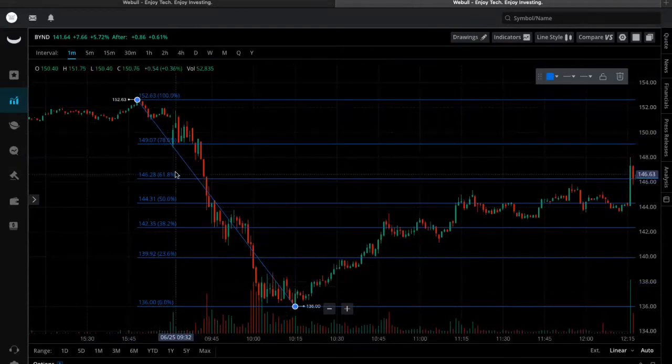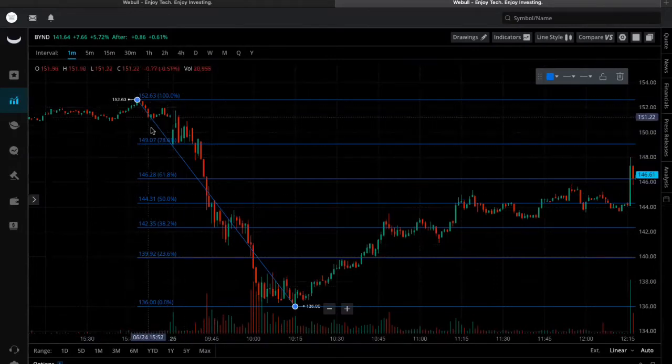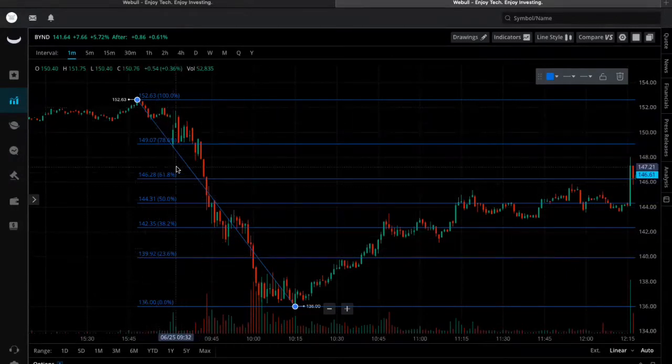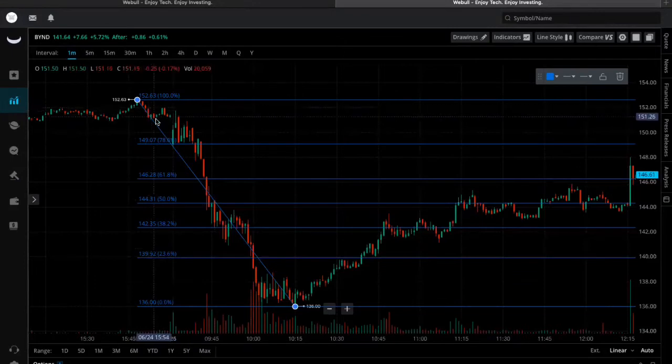That fits our criteria. The first thing we said is that the stock must have a consistent trend with reversals, it would be best, or massive spikes. So we can see from the looks of it, Beyond is not so much of a consistent reversal.